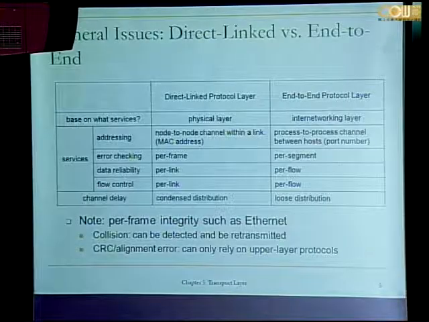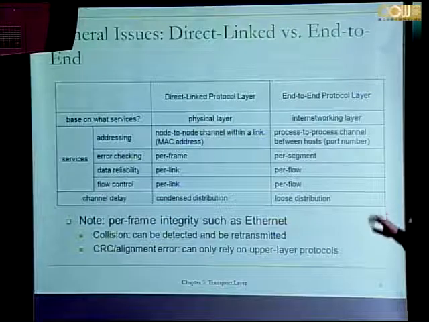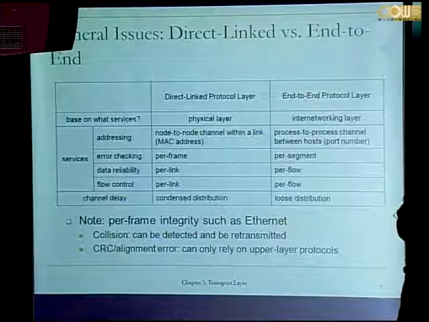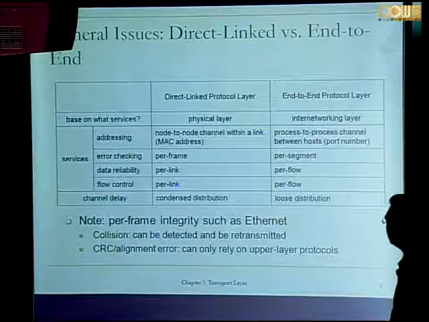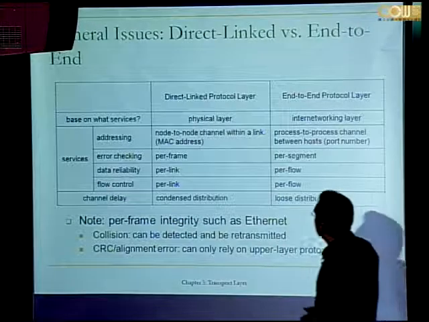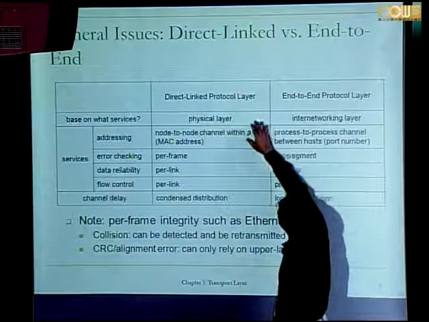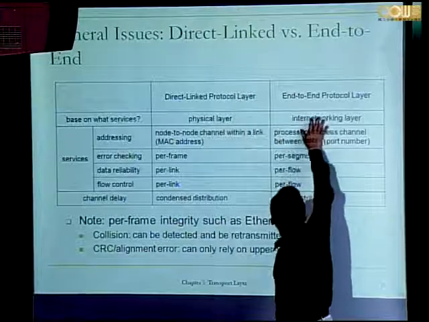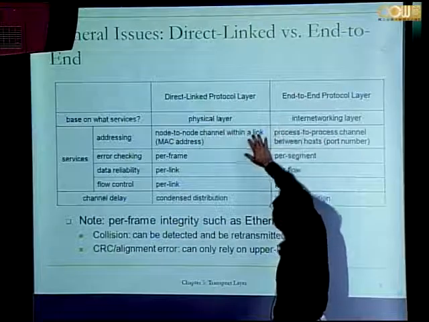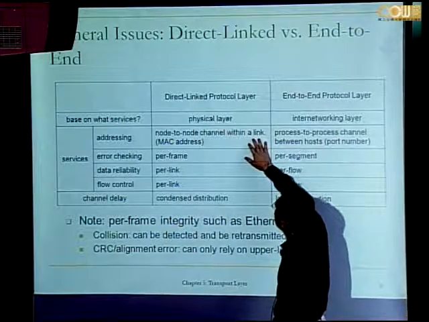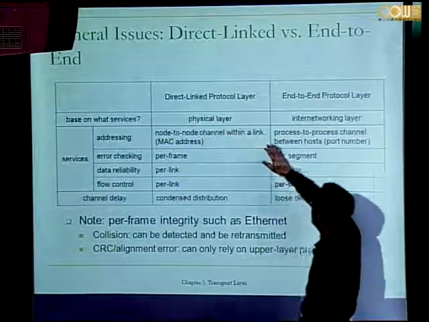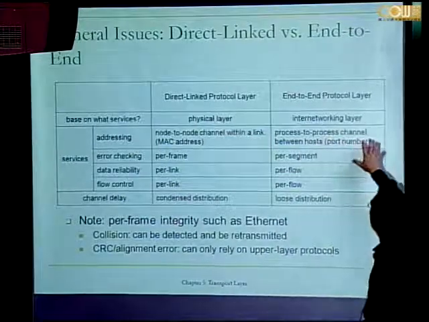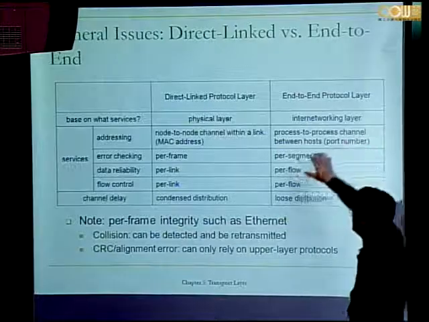So if you compare them, here it's summarized some of the things I said. Link layer and transport layer, the end-to-end layer. Addressing here is by MAC address. Here addressing is by port number.